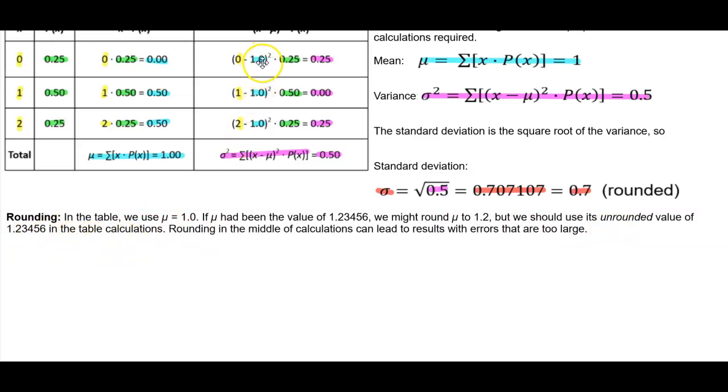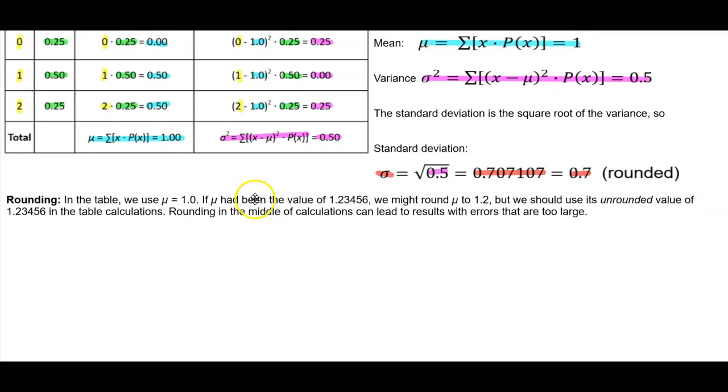So instead of 1.0, if it was 1.23456, we would have used that number here instead. If you round in the middle of calculations, it can lead to results with errors that are too large. So do not round until the very end of the problem.